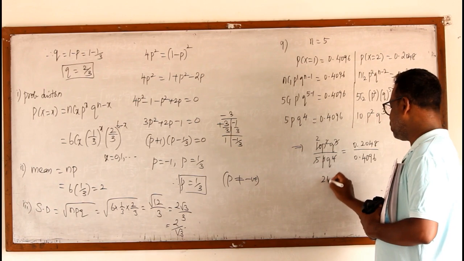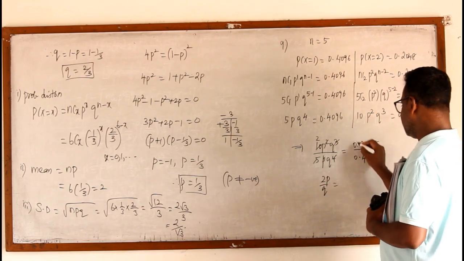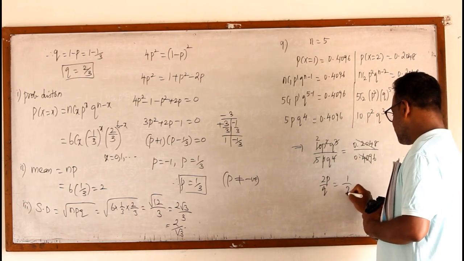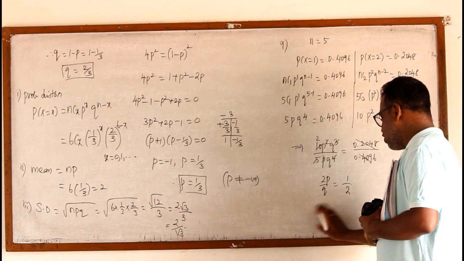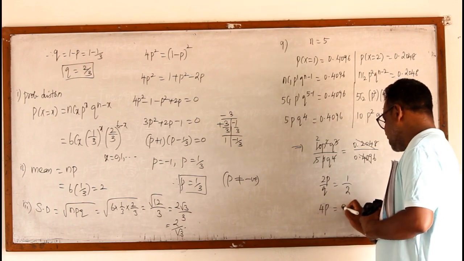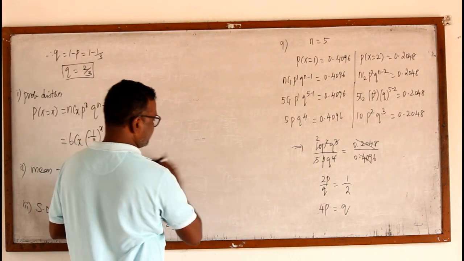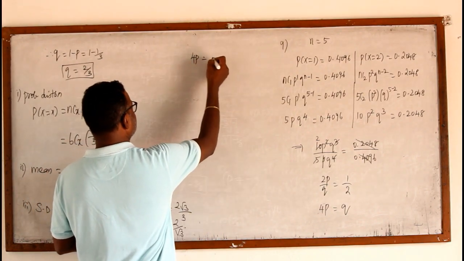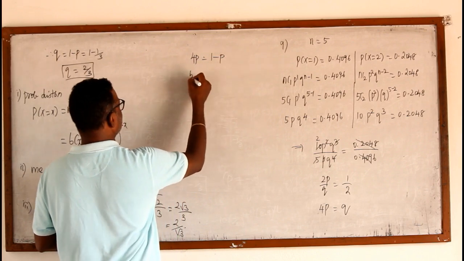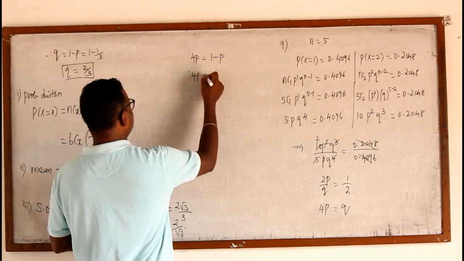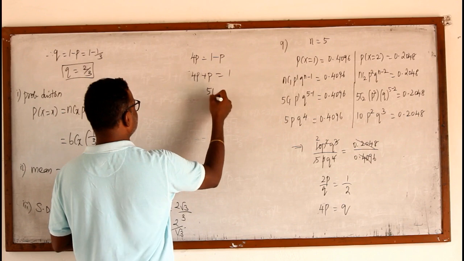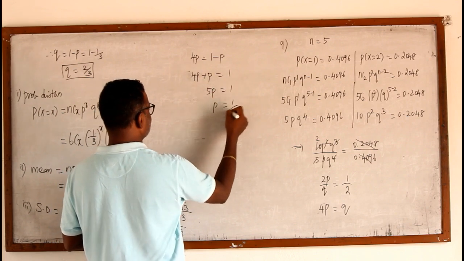So what do I have? 2p by q, and this one is straightly 1 by 2. So 4p equals q. Instead of q, 1 minus p, so 4p plus p equals 1, 5p equals 1. So p is 1 by 5.